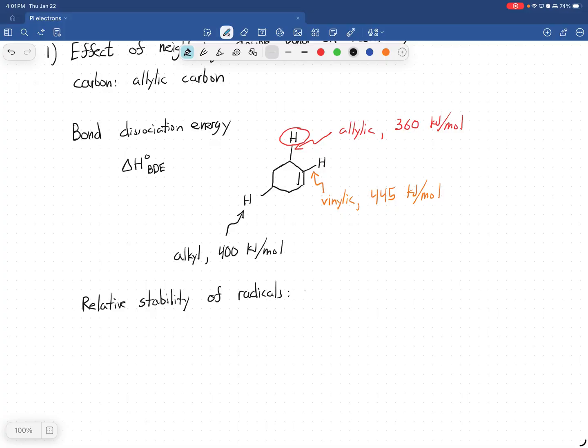Allylic, yeah. So allylic is greater than the alkyl, and that's greater than vinylic. What we're talking about here is the allylic radical, the alkyl radical, and the vinylic radical.